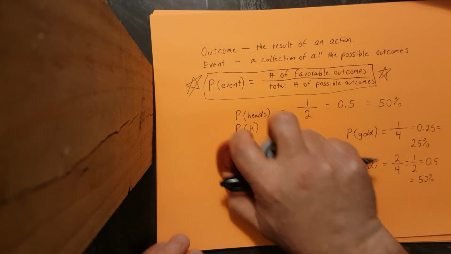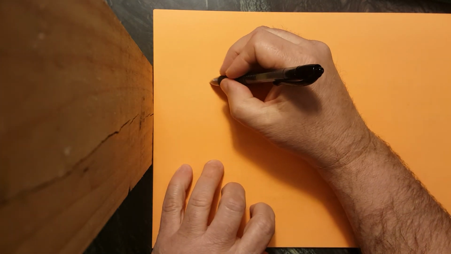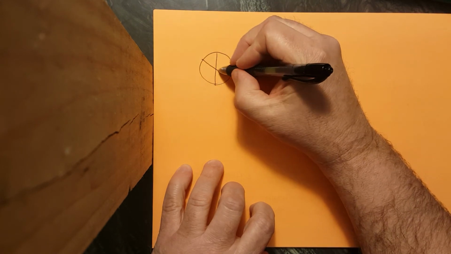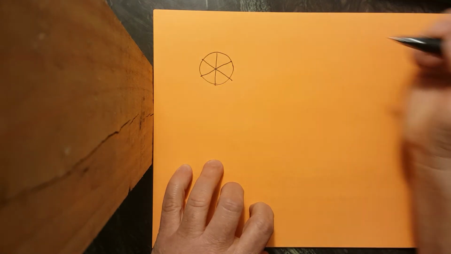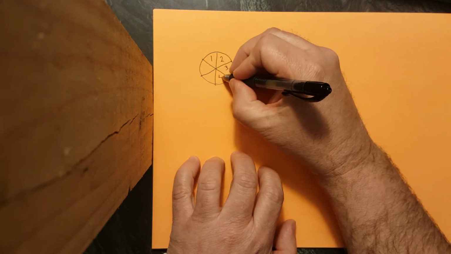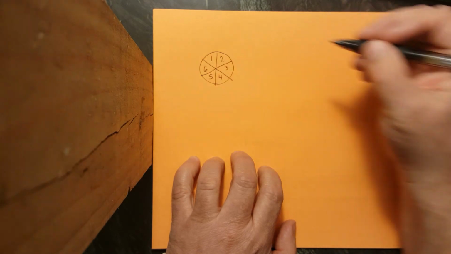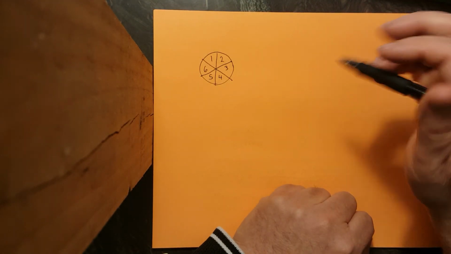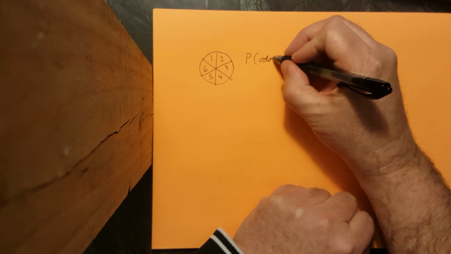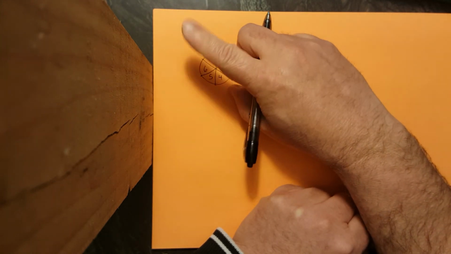Okay, they can get a little bit fancy with this too. They might ask you something like this. They could give you a spinner and divide it into any number of parts. Pretend those are all equal. And they could label them 1, 2, 3, 4, 5, 6. And now they might ask you, okay, what is the probability of getting an odd if you spin it like a spinner?